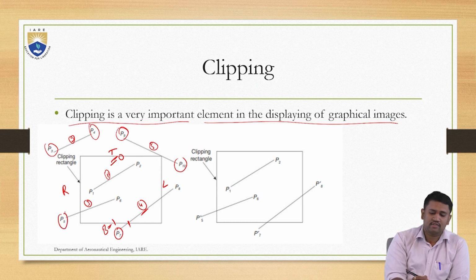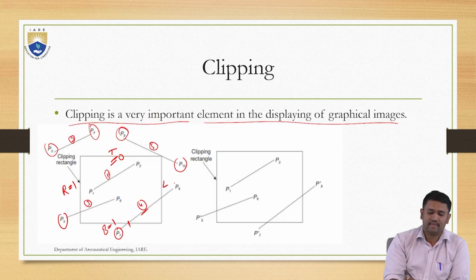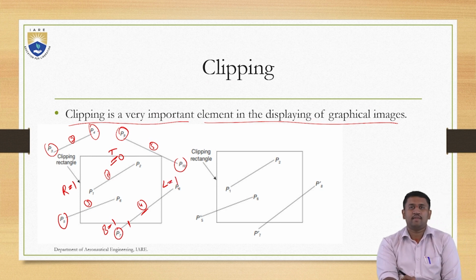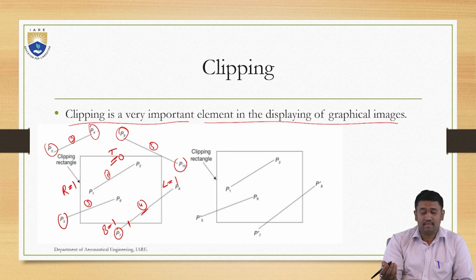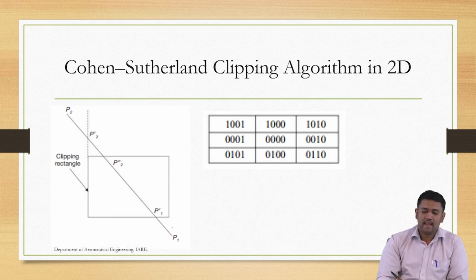One point is out, right? Second, both the points are out, so R will be again 1. Similar to L, again this will be 1. Now, what will be my case? Case will be the basic case. It will be TBRL, which is 0, 1, 1, 1. All 3 ones, right?